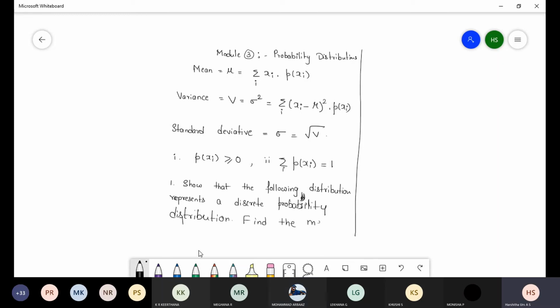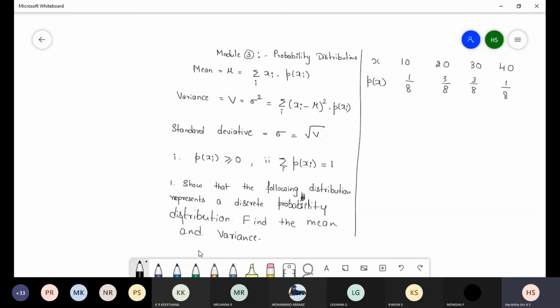Find the mean and variance. So they will give the table like this: x values and p of x values 10, 20, 30, 40. Again 1 by 8, 3 by 8, 3 by 8 and 1 by 8.